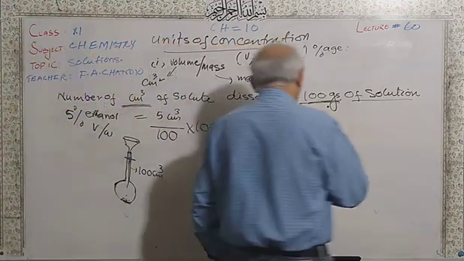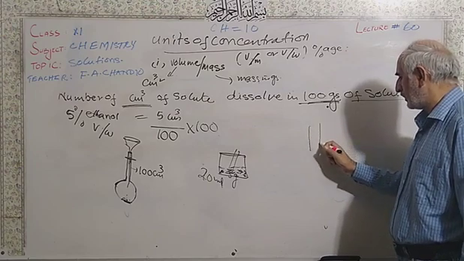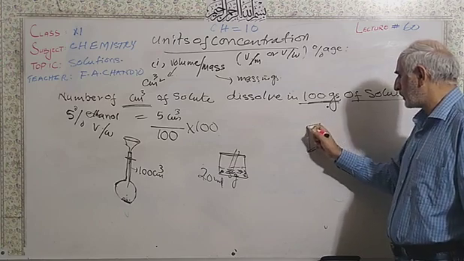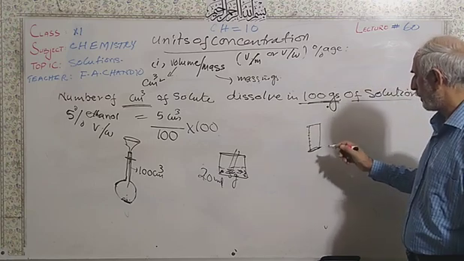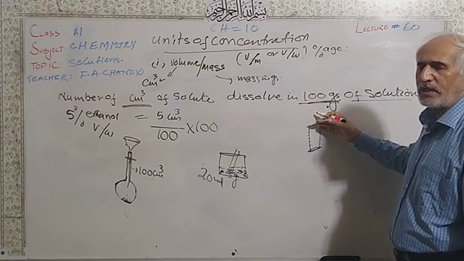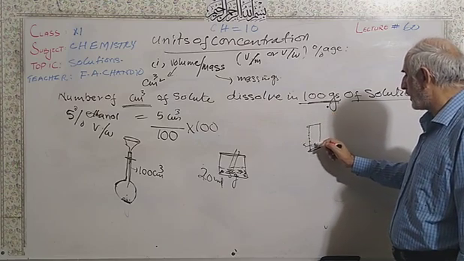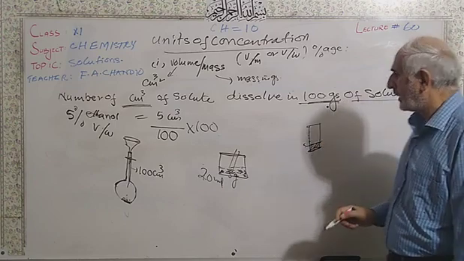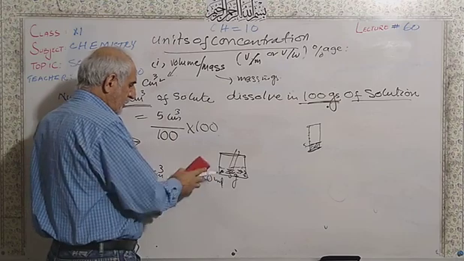So, dear students, you have in the laboratory graduated cylinders, again of different sizes, and they are calibrated. Take a small size, maybe 10, 20 or 50 milliliters. You have to measure the alcohol up to 5 at this line, and then transfer it into the beaker.